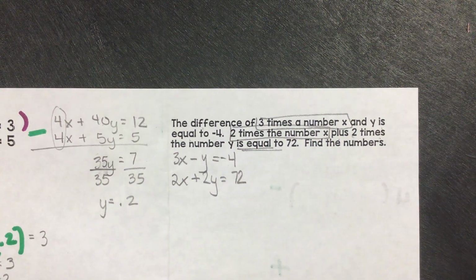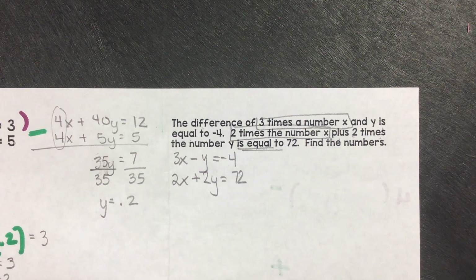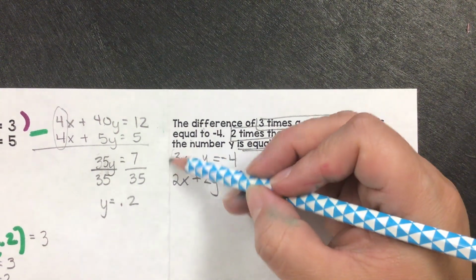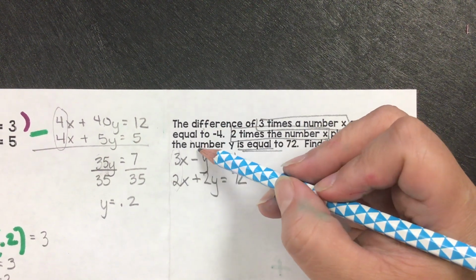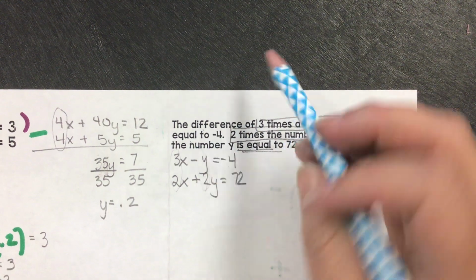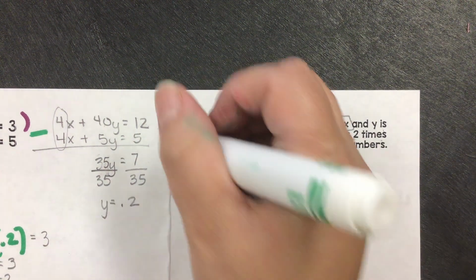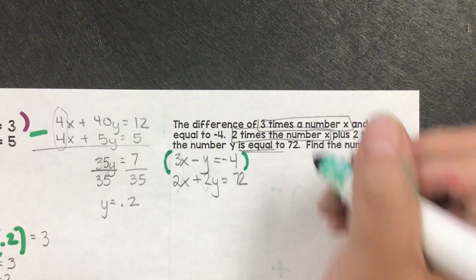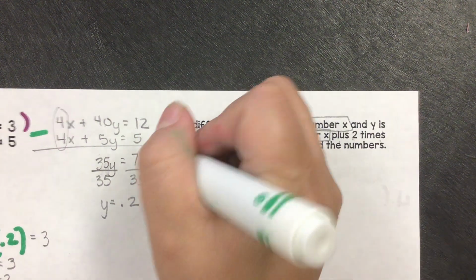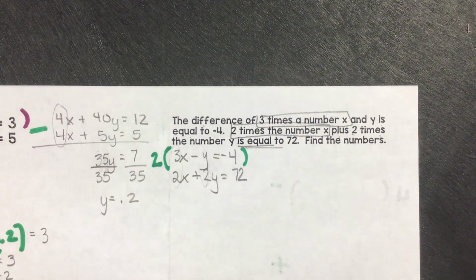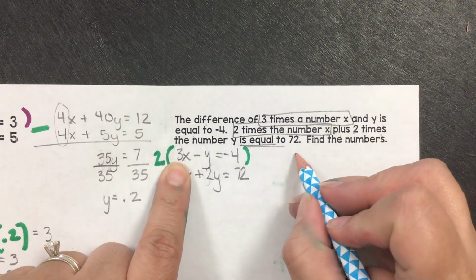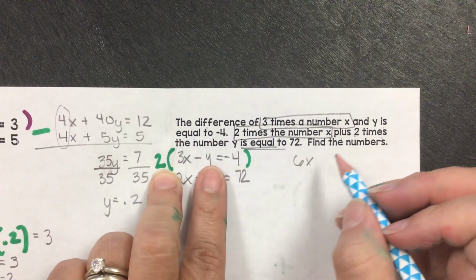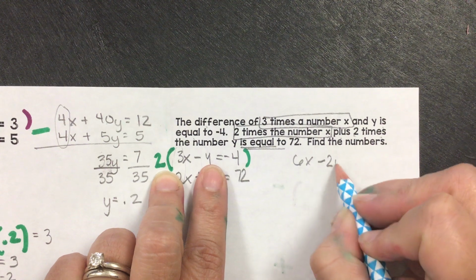Once you have the system of equations written, now we're starting to look at the number in front of it and see if we can eliminate it. Those are not the same, so we cannot, and neither are these two. I'm going to choose to eliminate the y this time, so I'm going to multiply by a 2. I want to remind you that it is possible to multiply by a negative 2. 2 times 3 is 6x. 2 times a negative y is a negative 2y.